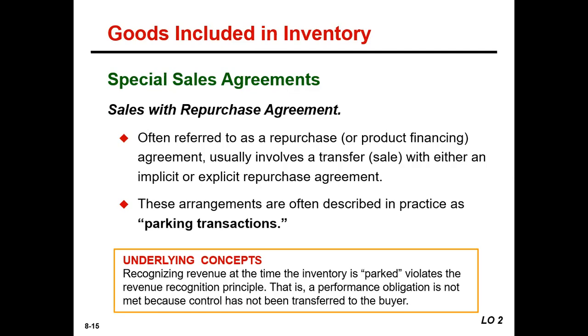And so, just like it shows down here, we wouldn't record the revenue at the time the inventory is parked, right? It's when the control is transferred to the buyer, the performance obligation or the goods or the products, right? When the control is transferred to the buyer.